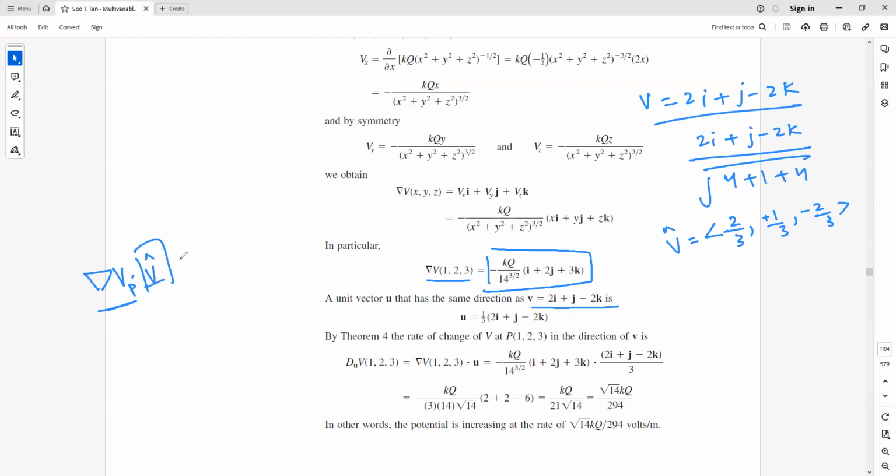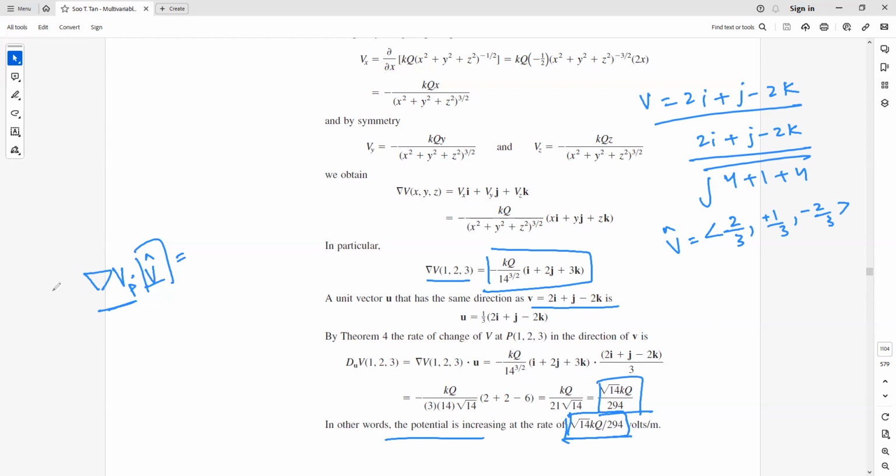If we dot these two vectors, we get the directional derivative as square root of 14 kq over 294. So this is the potential at the point increasing with this rate, right?